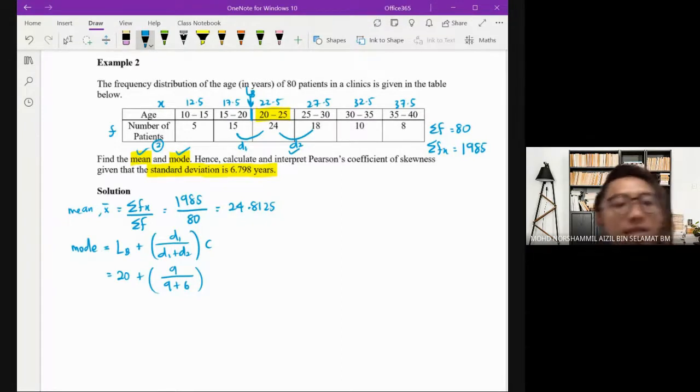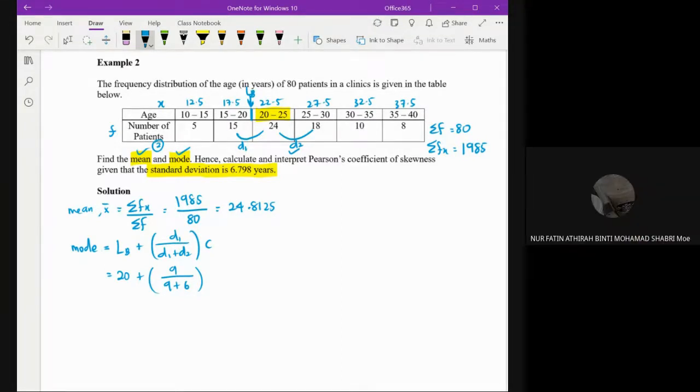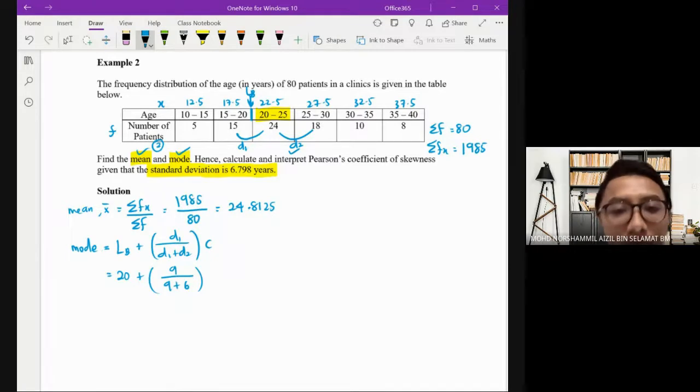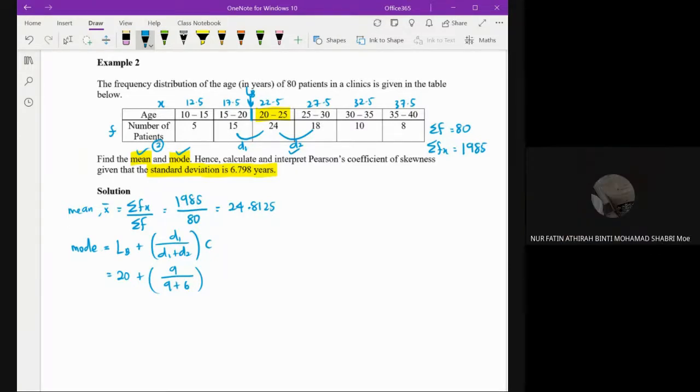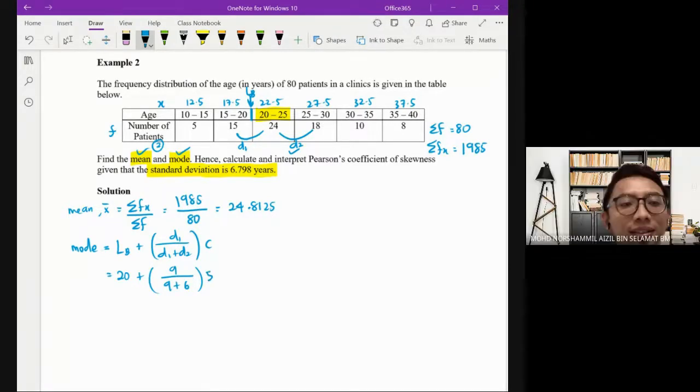What is C? 5. Be careful, C is always the upper class boundary minus the lower class boundary. Be careful with L and C, they are always the problem.